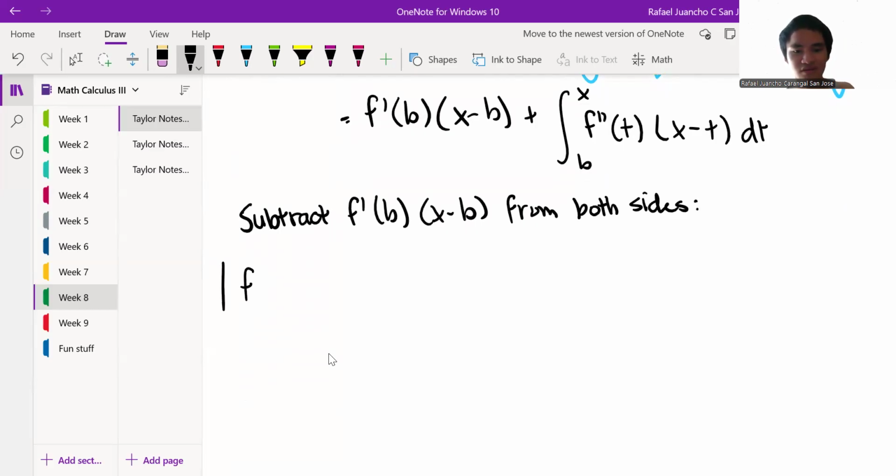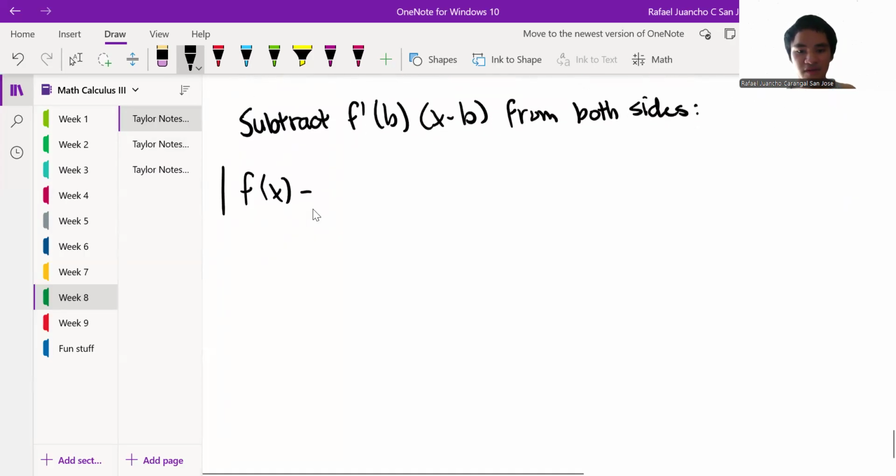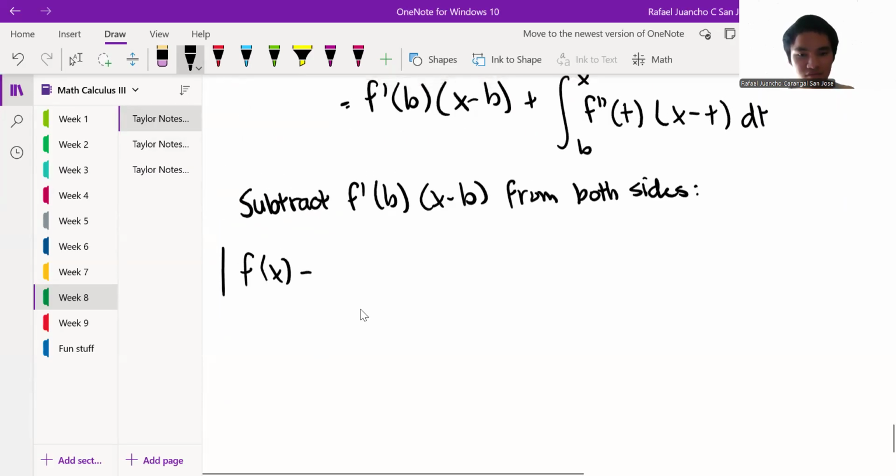Okay, so my f of x, right? This thing minus, what am I looking at?